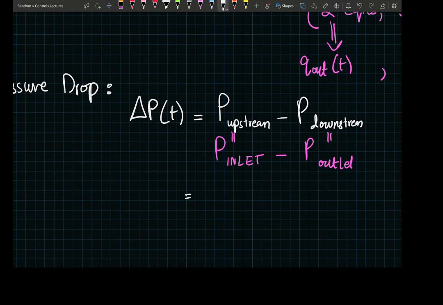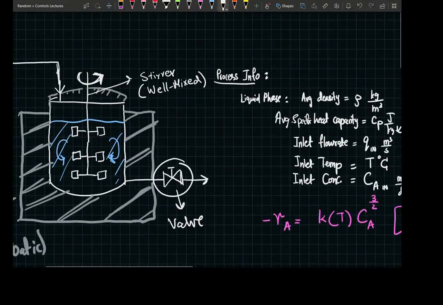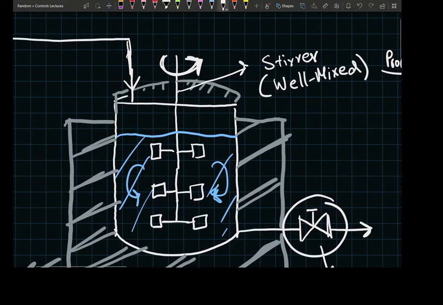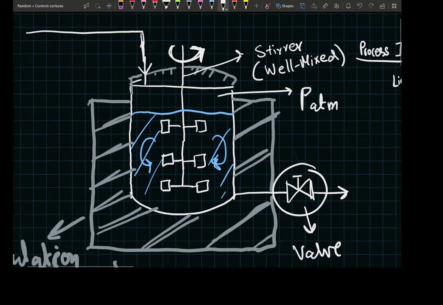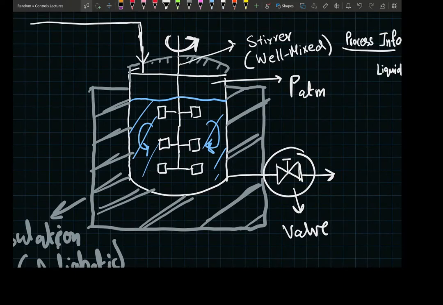All right. So the inlet flow rate, let's go back to our example. I'm assuming that the overhead pressure is equal to the atmospheric pressure. So the total upstream pressure is going to come from the overhead pressure and the height of the fluid, the hydrostatic pressure, okay?